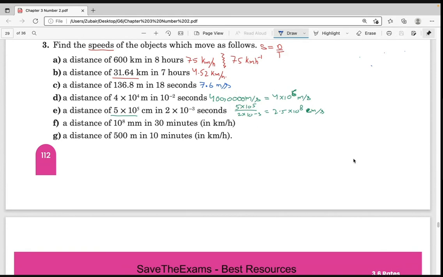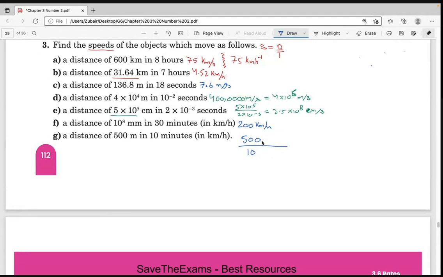You said 200 kilometer. That is correct. Ali getting same answer. The last one. Distance of 500 meters in 10 minutes. Yes, sir. 200 kilometer an hour. No, totally.